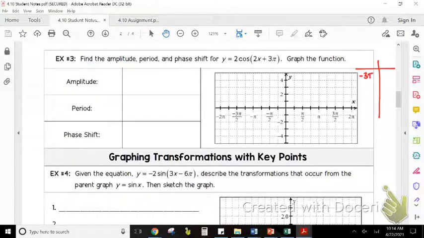It's negative 3 pi over 2, negative 5 pi over 4, negative pi, negative 3 pi over 4, and negative pi over 2. And if I remember right, we said it was 2, 0, negative 2, 0, and positive 2.